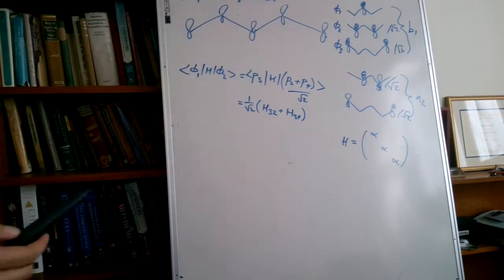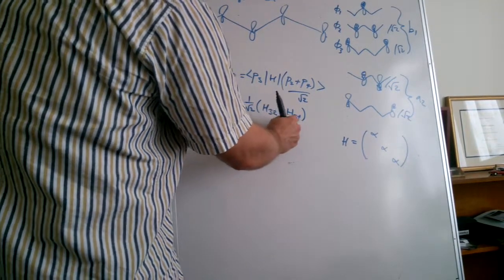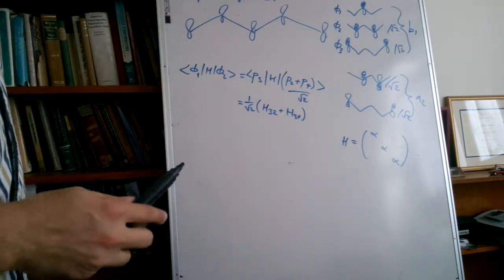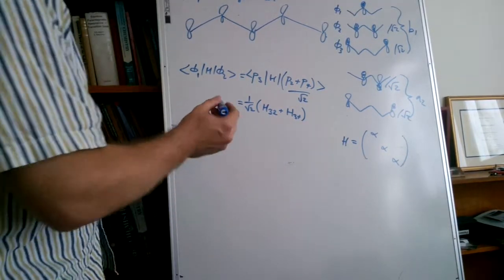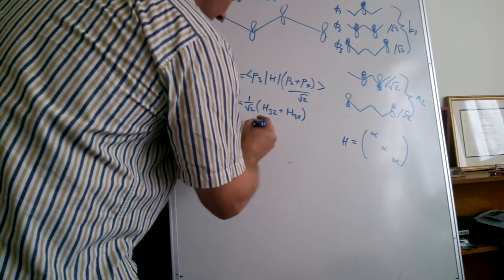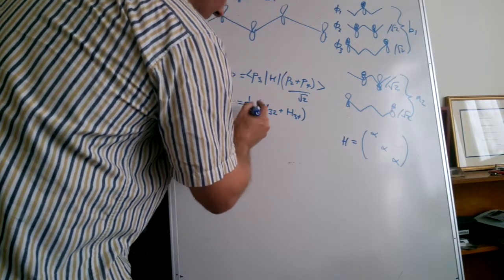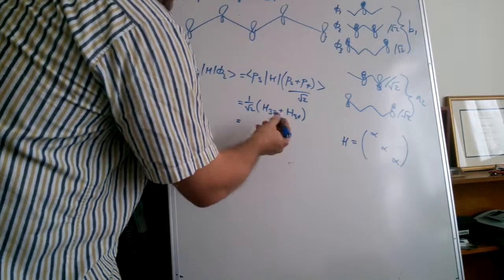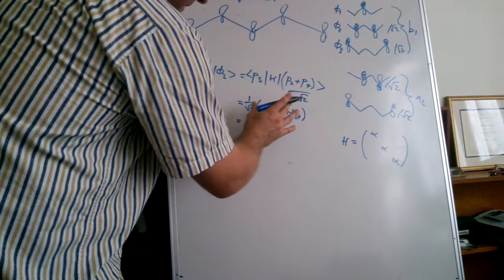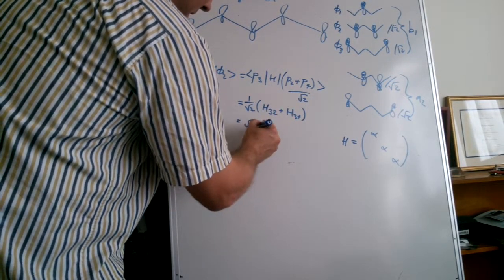And because 3,2 and 3,4 are neighboring carbons, they have a strong resonance integral, and we'll call those beta. And so this is 2 over root 2 times beta, so that's going to be root 2 beta.